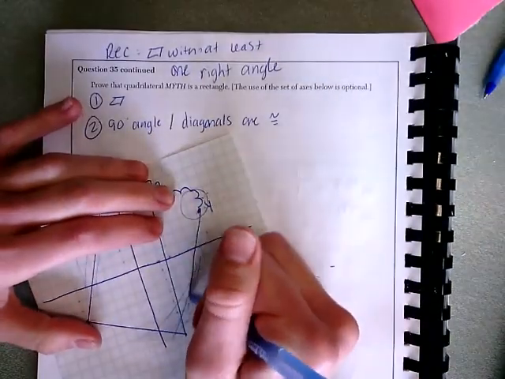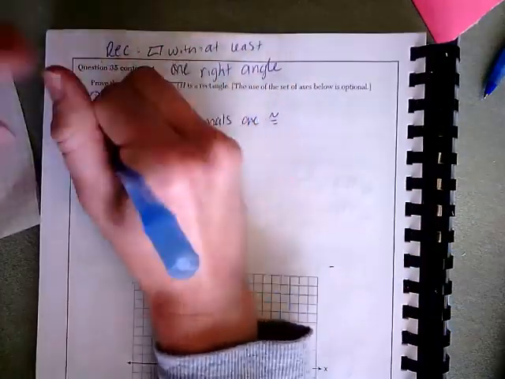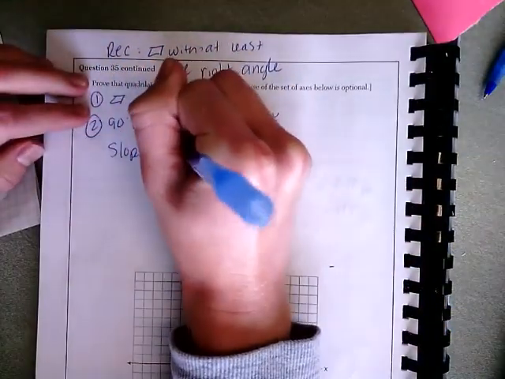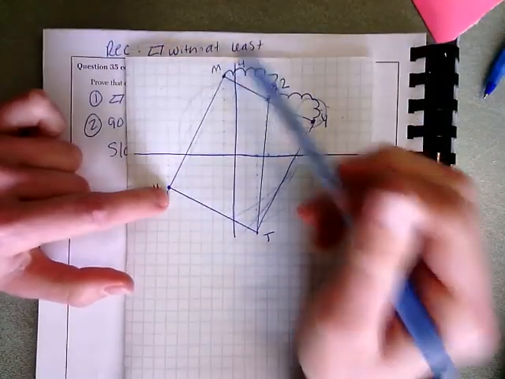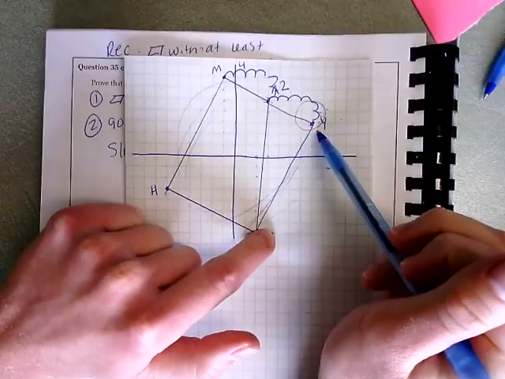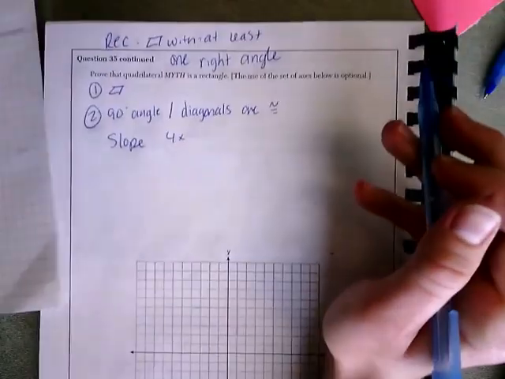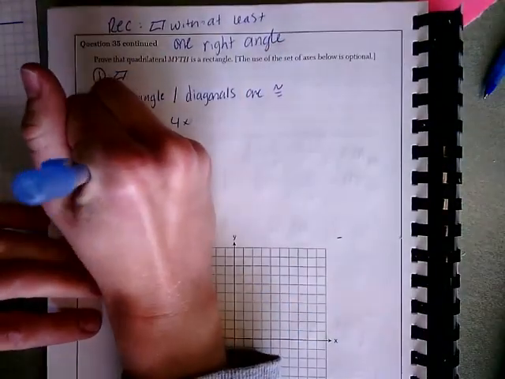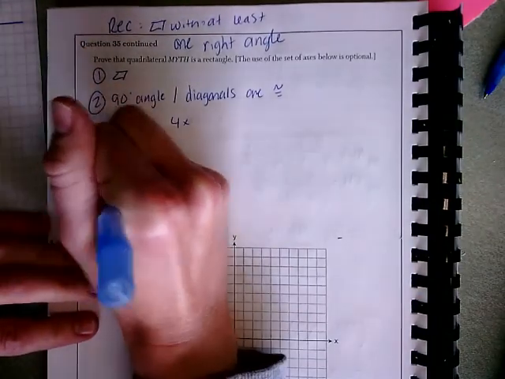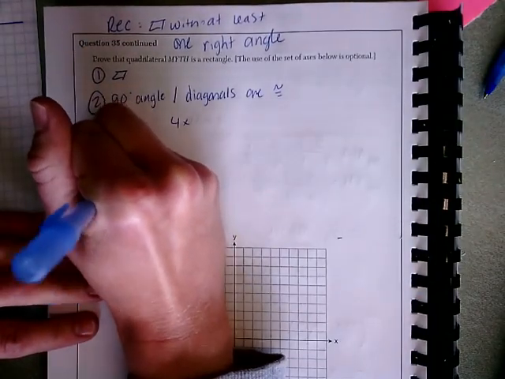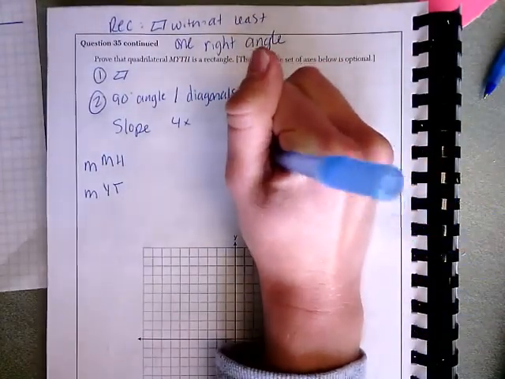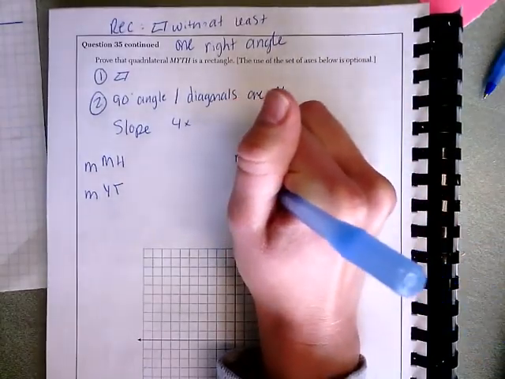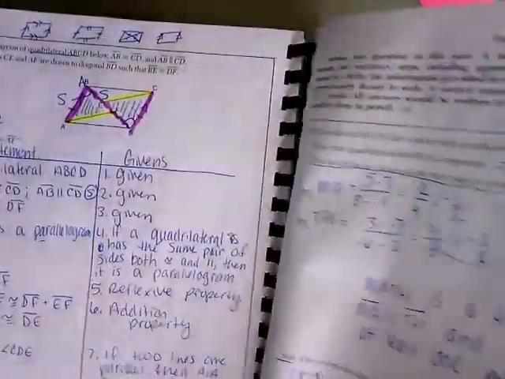So I suggest we kind of go that route, so doing slope 4 times. Okay, so looking at my figure here, I have to do the slope of MH, HT, TY, and MY. Now here's the thing, we actually did slopes here.